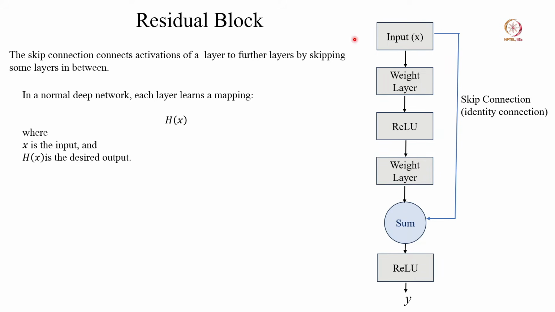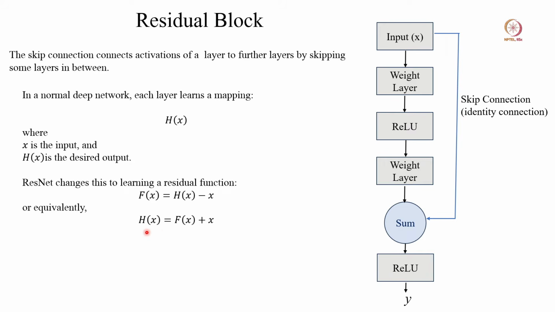So, when we pass the input, after going through the neural network, I expect H(x) to be the desired output. Now, in the residual block, this changes to learning a residual function. We write H(x) minus x equal to F(x), or equivalently H(x) equal to F(x) plus x.